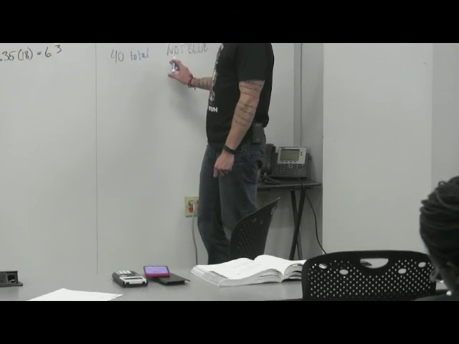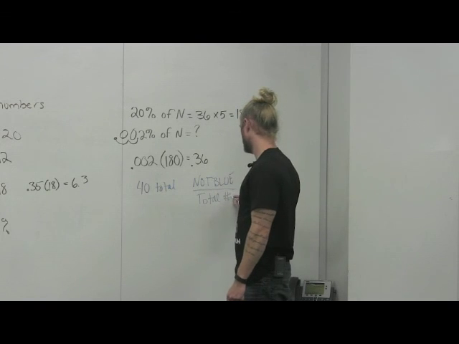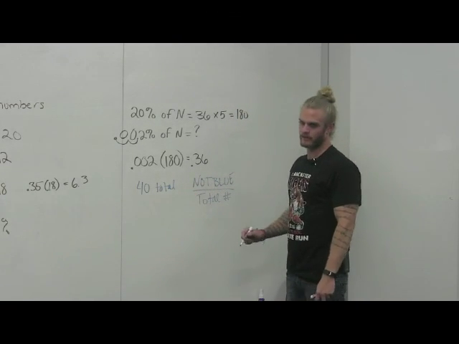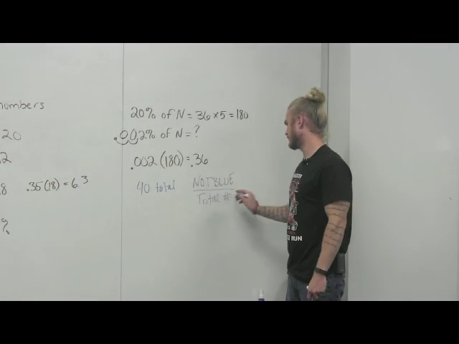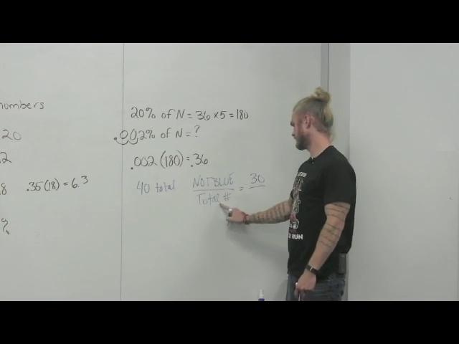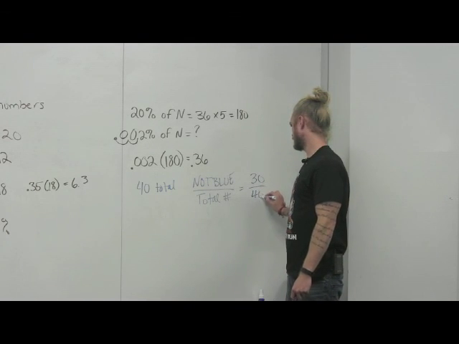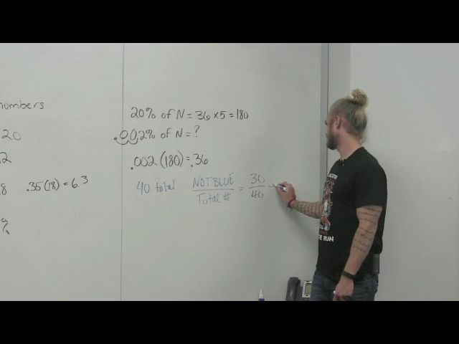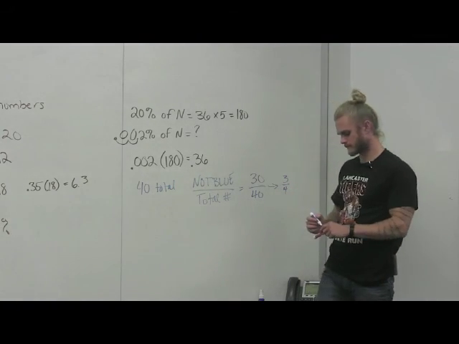Out of the 40, we have 10 blue ones, so we subtract 10 from that 40 for the not blue ones, which gives us 30. Our total number is 40. So our fraction is 30/40ths, which then reduces down to 3/4.